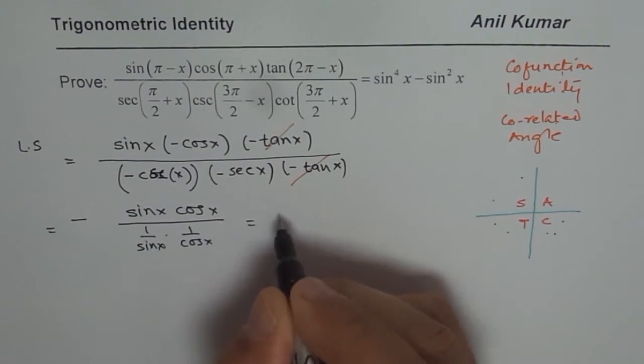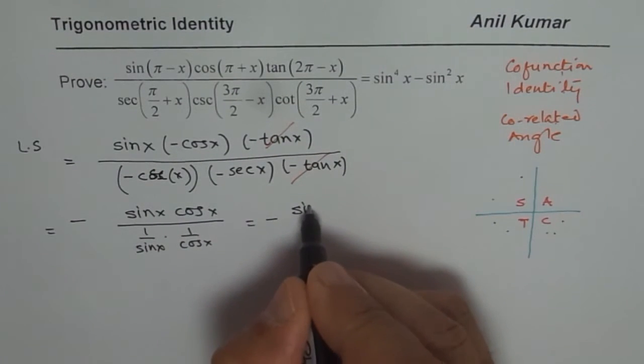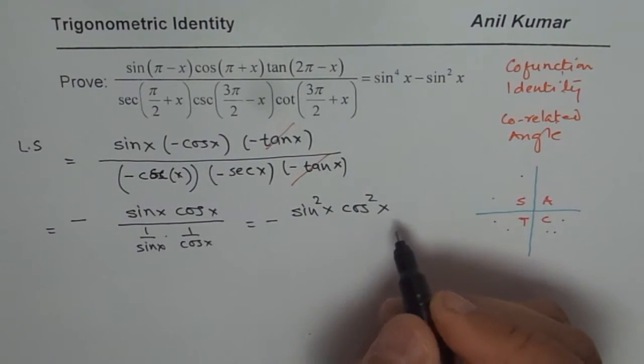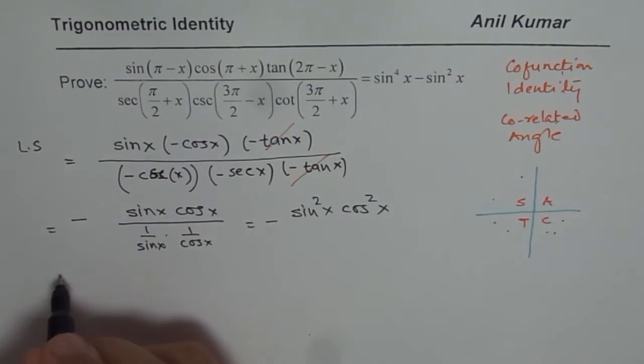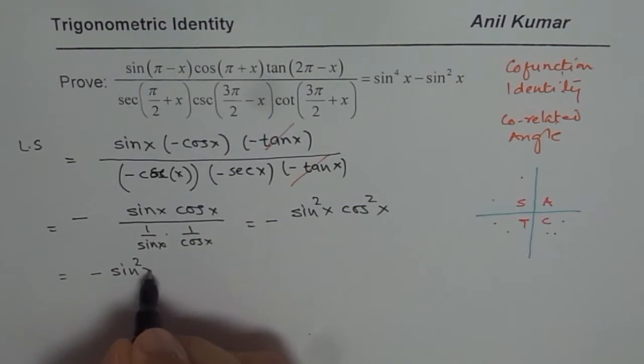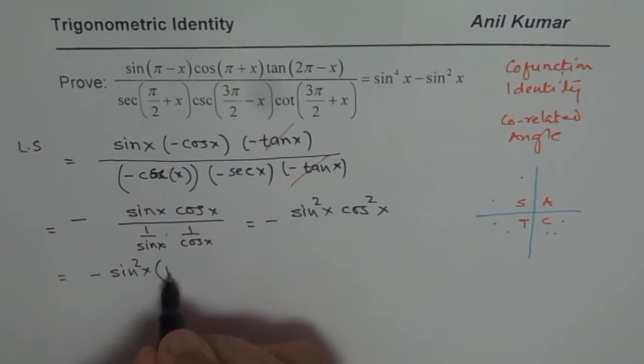So that could be written as negative of, we're bringing them on the top, so we get sine square x cos square x. Do you see? We are getting closer, right? Now we'll take minus sine square x outside the bracket, and cos square x could be written as what? 1 minus sine square x. You're right.